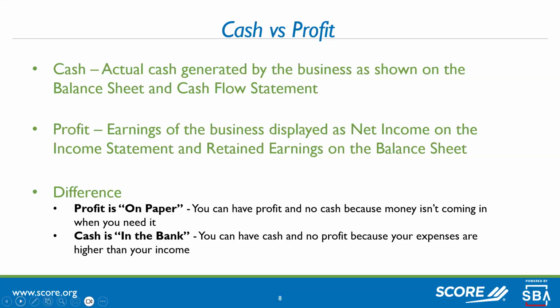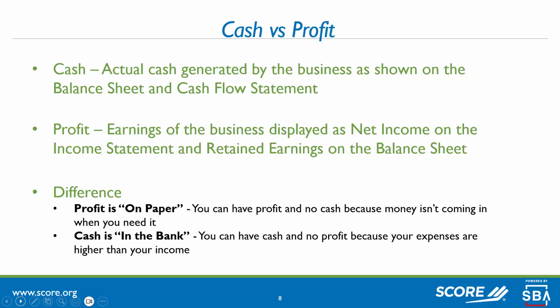So now that we've walked through the cash flow statement, and given a little bit of a refresher on the financial statements, I want to differentiate cash versus profit. Because sometimes people use those interchangeably, and sometimes they can be confusing.